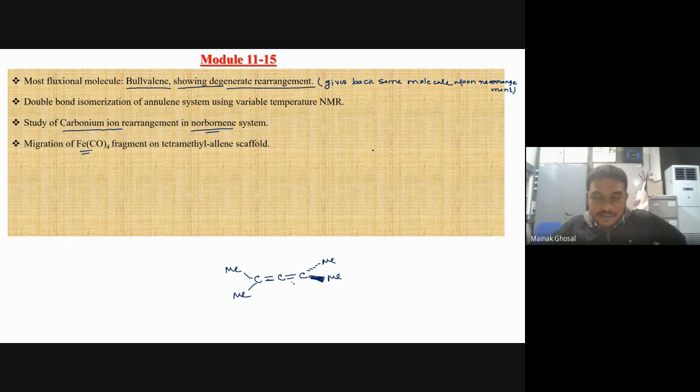Now, if you have some Fe(CO)4 kind of thing, Fe(CO) whole 4, this group attaches to this double bond. So what you will see? At very low temperature, you cannot differentiate between these two protons or these two methyl. But these are different.